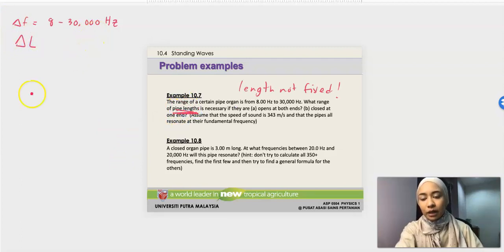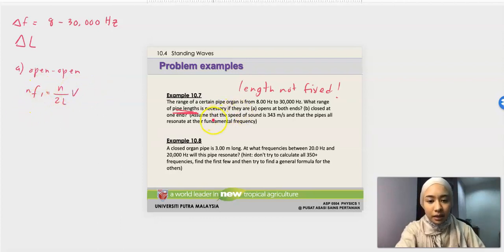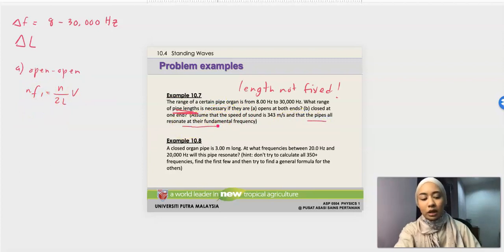Okay, so what is the equation for open at both ends? The open equation is Fn equals n over 2L times V. But they said assume that all pipes resonate at the fundamental, so we are just concerned with n equals 1.